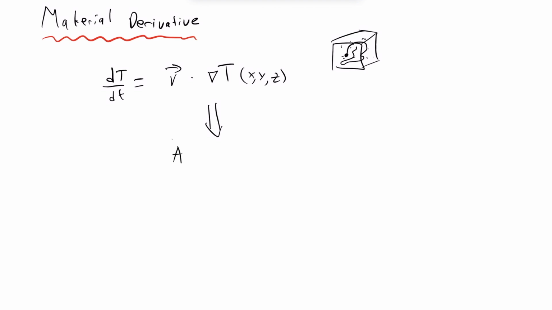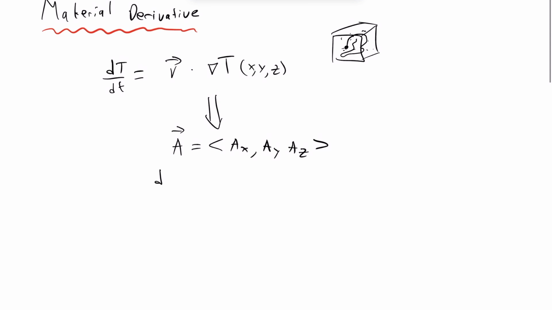Suppose we have a vector field A, which is defined as having three components, ax, ay, and az. We can now basically apply this same chain rule to each of the components of this vector field. So we're going to say d a sub x dt is equal to velocity vector dotted with the gradient of a sub x.